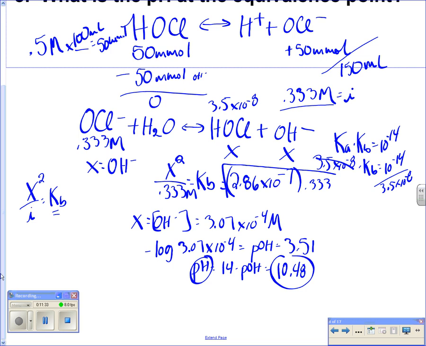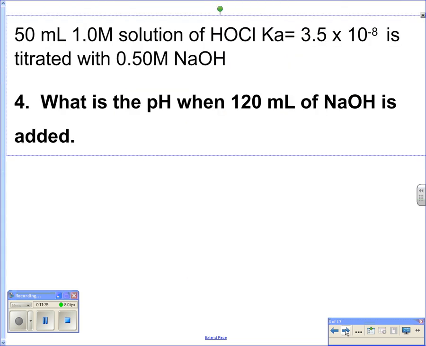So then the last step is very simple. That means I'm totally neutralized, so all that's left is strong base. So all I need to do is find the remaining amount of strong base. Well, again, I'm back to 50 millimoles of HOCl, but now I have 120 times 0.5, because I'm adding 0.5, so I have 60 millimoles of NaOH.